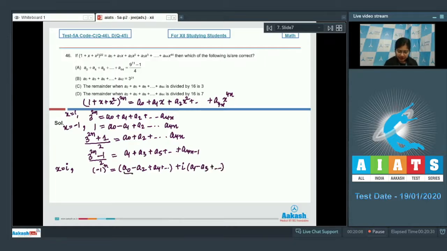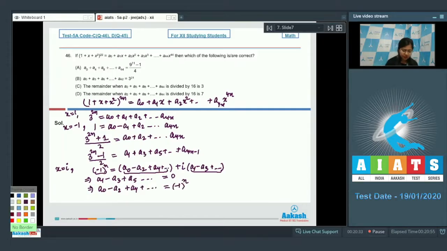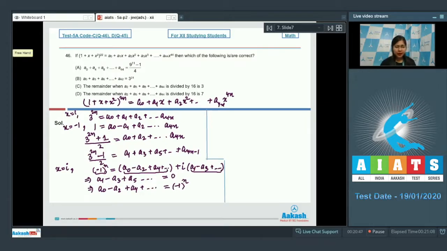So real part is equal to this one and imaginary part will be equal to 0. That is A1 minus A3 plus A5 and so on will be equal to 0 and A0 minus A2 plus A4 and so on will be equal to minus 1 raised to the power n. I hope this is clear. Now, next let's put x equal to omega.